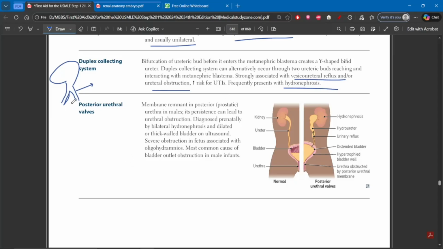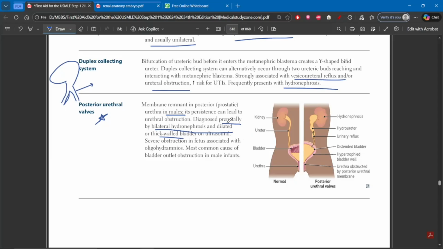Posterior urethral valves, probably one of the most high yield pathologies. The membrane remnant in the posterior urethra in males, so this occurs exclusively in males. Its presence can lead to urethral obstruction. It is diagnosed prenatally by bilateral hydronephrosis and a dilated or thick walled bladder. So this is present prenatally.